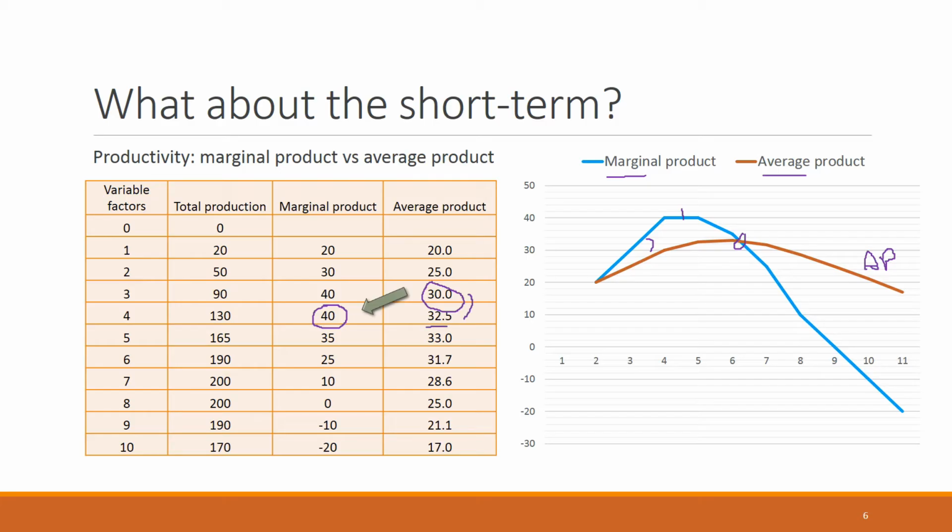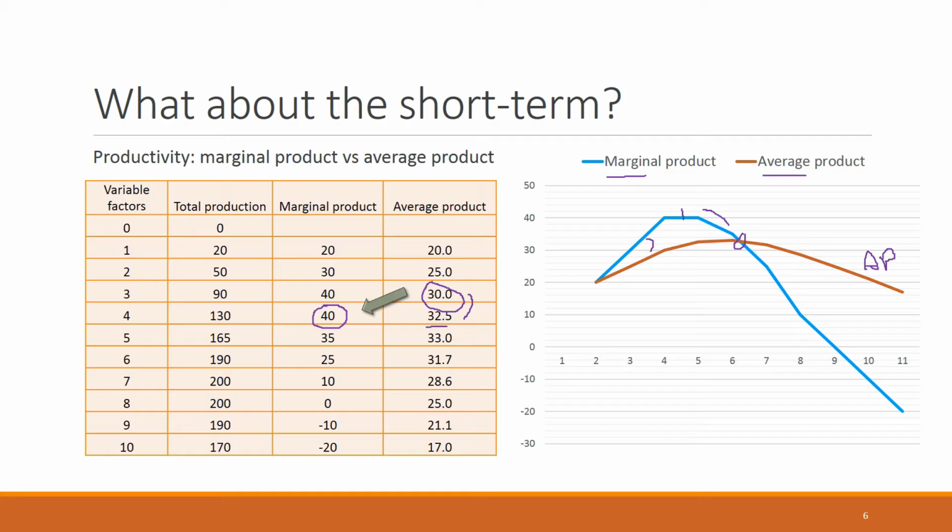So whenever the marginal product is above the average product, it will increase the average product. And that occurs even at this range here, where the marginal product is falling. Even here, this will pull up the average product, simply because the marginal product is higher than the average product. Once you get to this point over here, it's reversed.